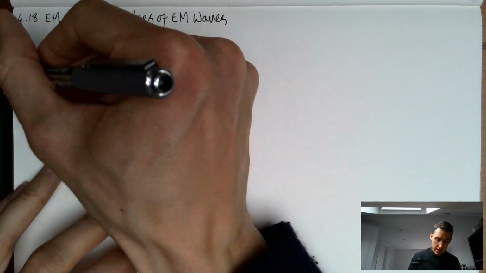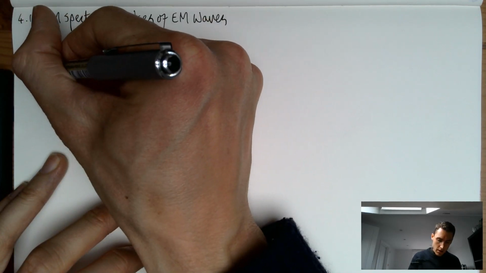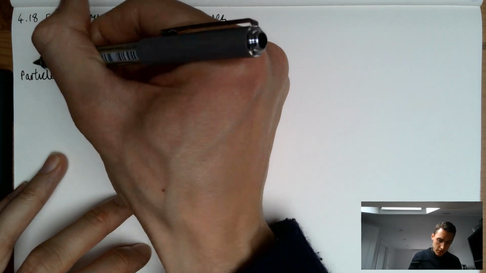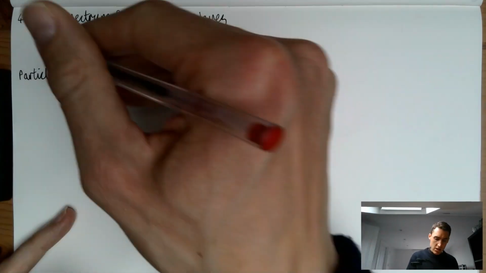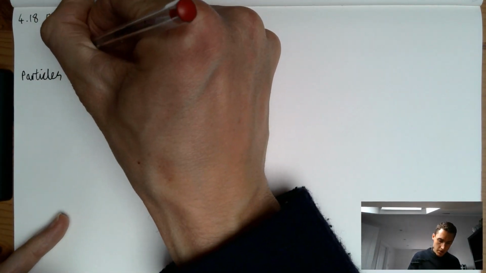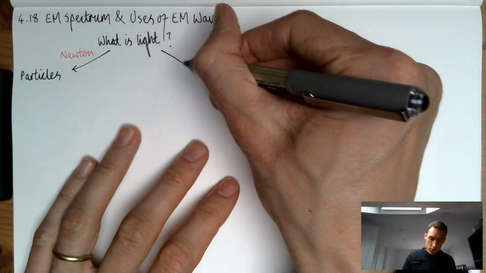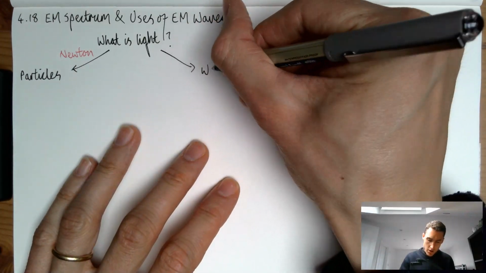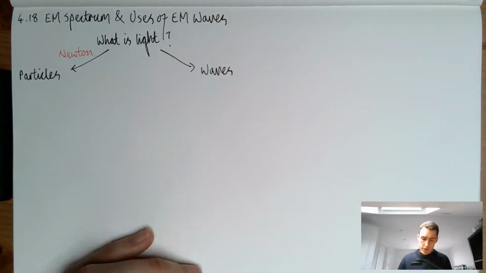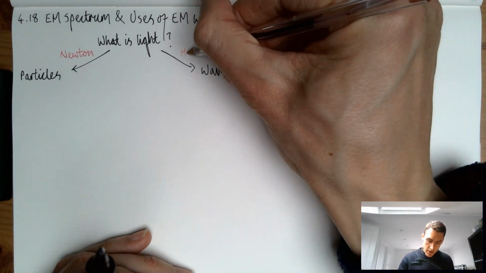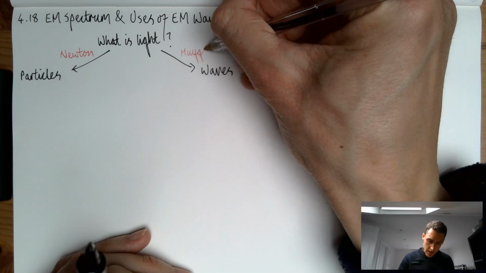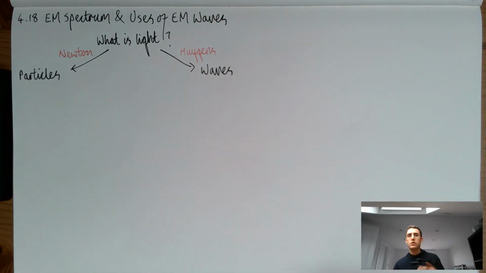One was the answer given by Newton, that light is made up of tiny particles called corpuscles. So I might add Newton's name in here. And the other suggestion, which was made by Huygens, was that light is made up of waves. Now, this is a year 7 scheme of work, so we're not going to go into loads of detail.